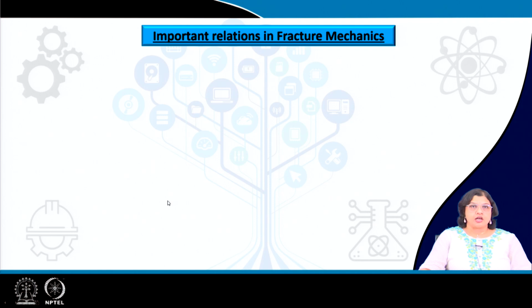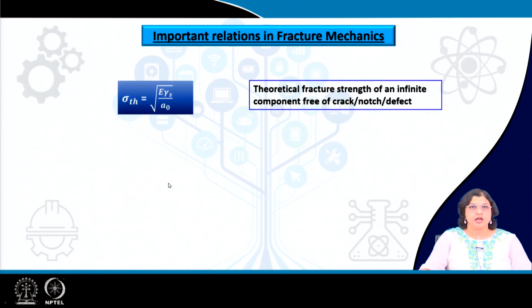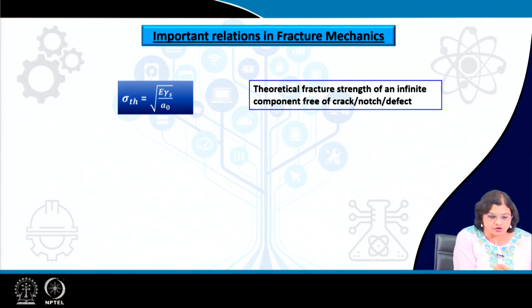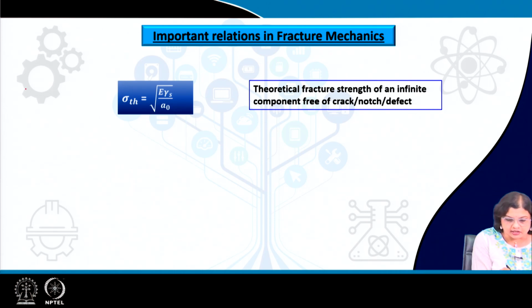So, in the last class we have seen how the fracture strength of a material can be determined. At first, we have seen how the theoretical strength of a material is determined in case of a perfect lattice structure.